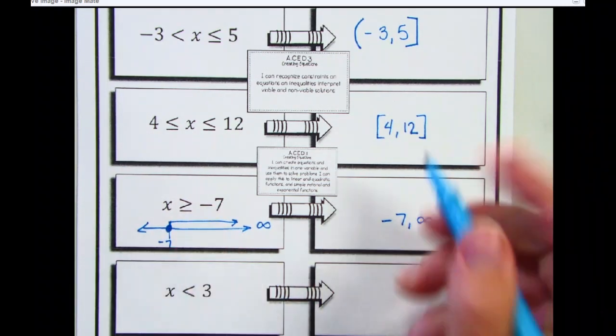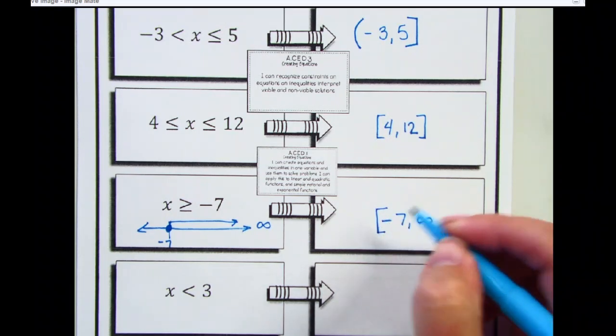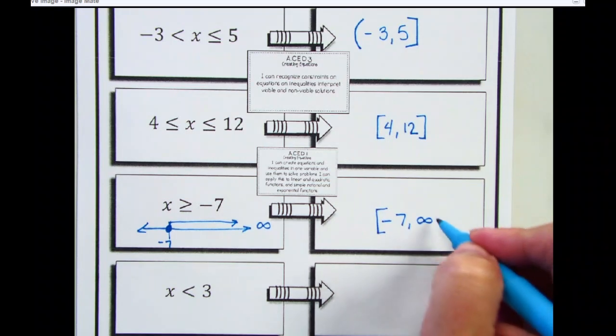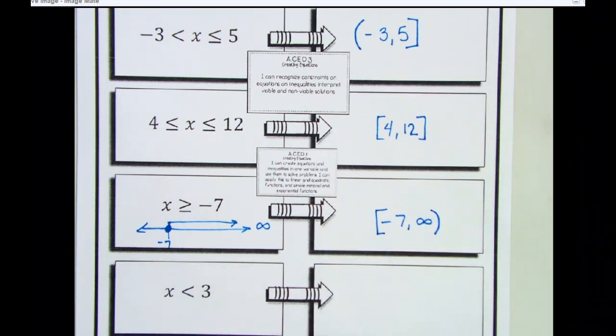Yes. Right. Now this is a little theory. Can you ever equal infinity? No. Infinity is a representation of there's more. There's always more. So we can never equal infinity. So if you ever have positive or negative infinity, either one, they always have to have a parenthesis on it. Okay? We can never equal infinity.